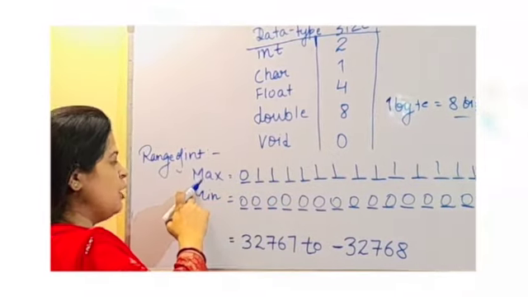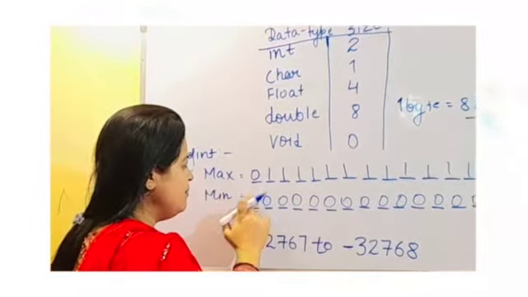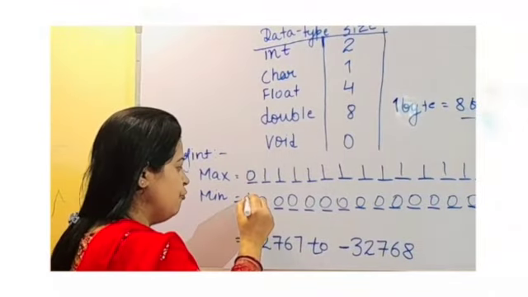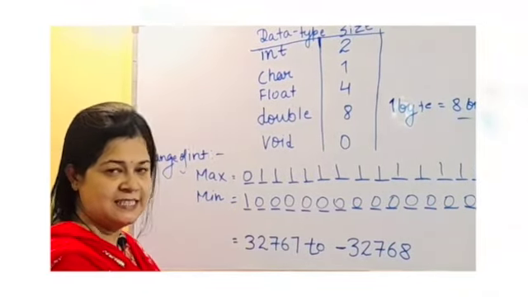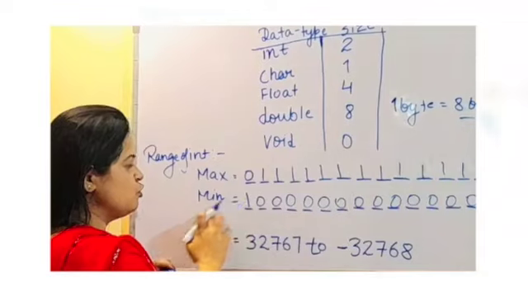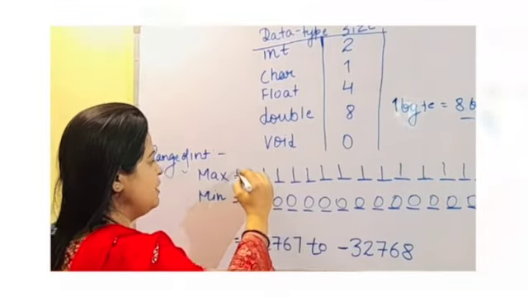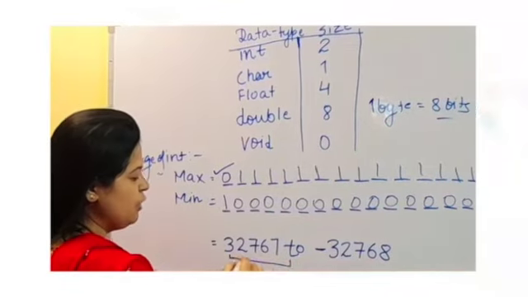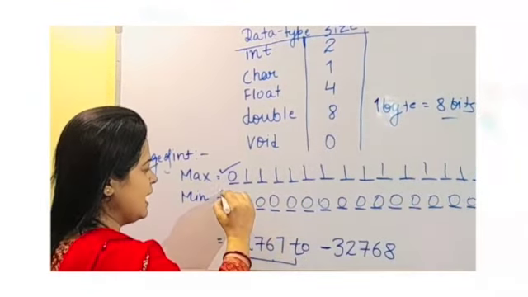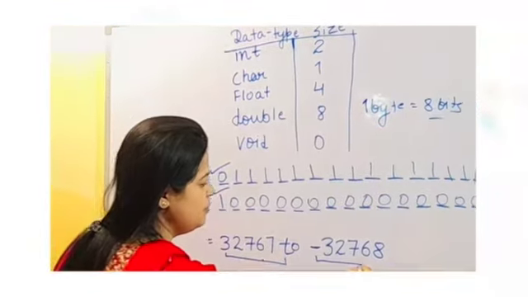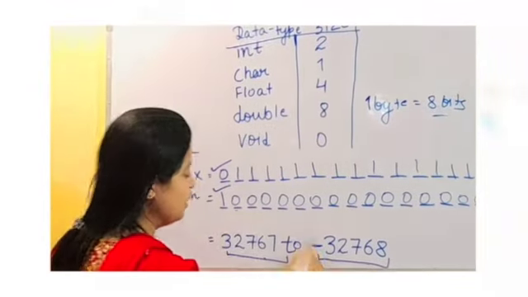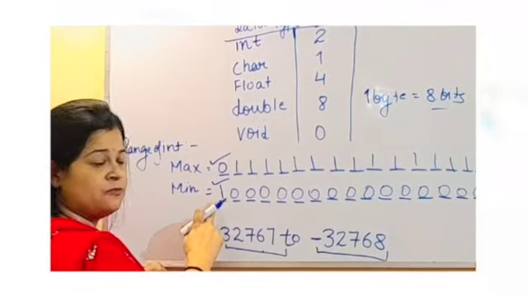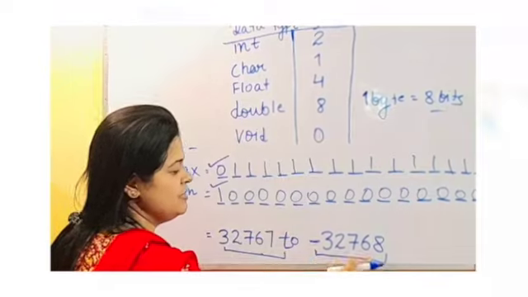For minimum, we will make this bit 1, because nothing is less than negative. After calculating this, we get the maximum range as 32767, and the minimum range as minus 32768, because the leftmost bit is 1.